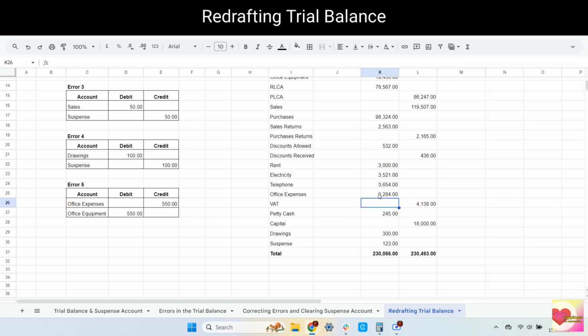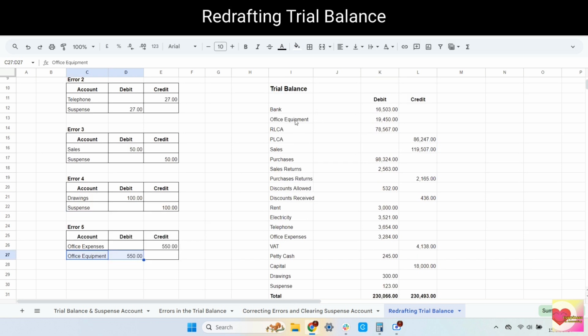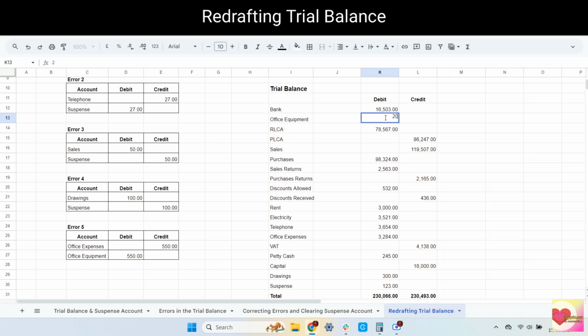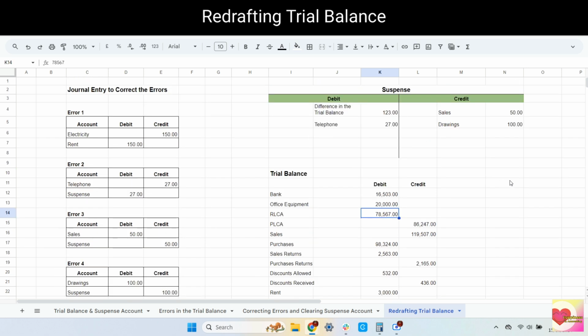And the last, office equipment, 550 in debit, so this will increase our office equipment in debit. Next, let's balance the suspense account.